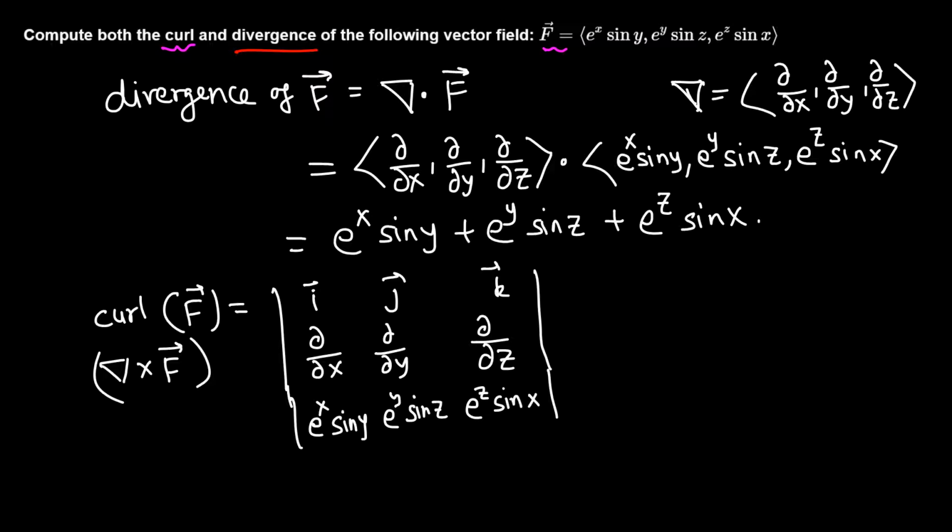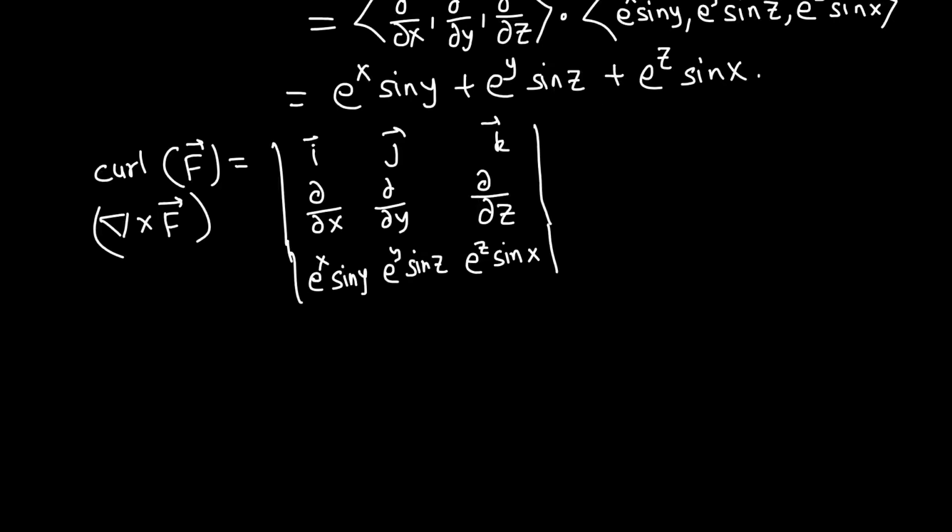Let's find this cross product, and we are going to get a vector with three components. So let me write it in component form. The first component: we consider i and delete the row and column containing i. So this way minus this way.